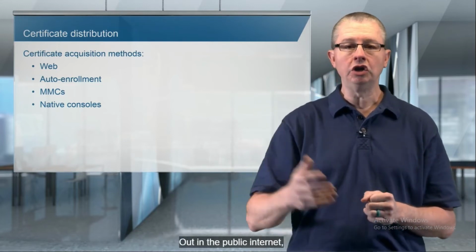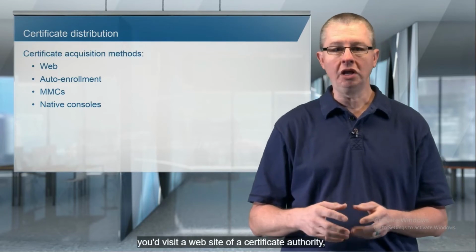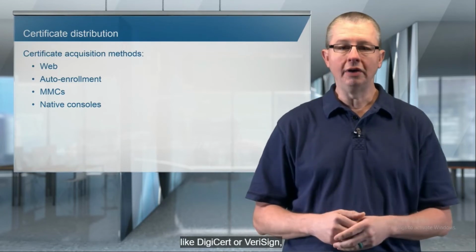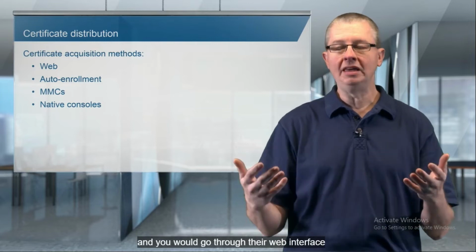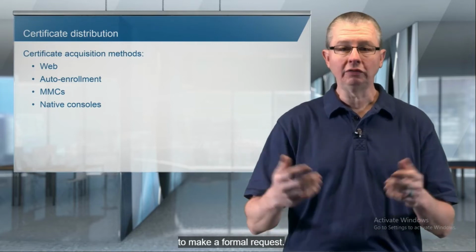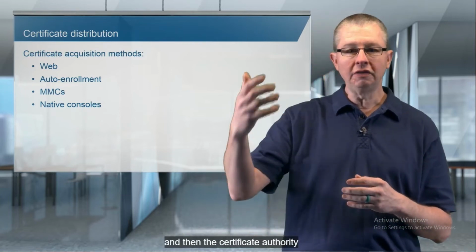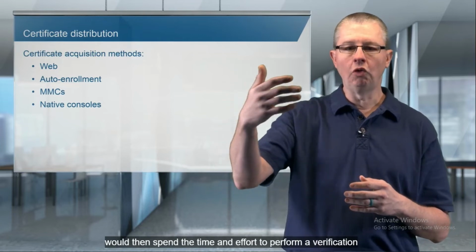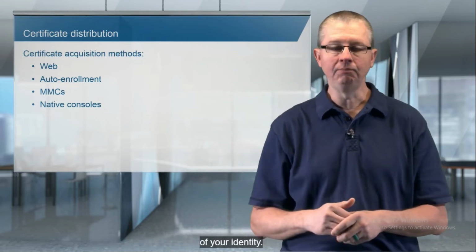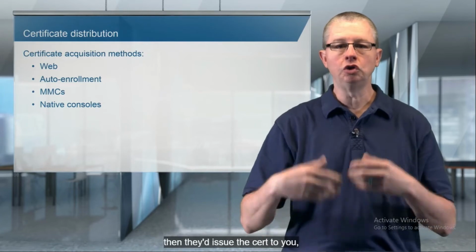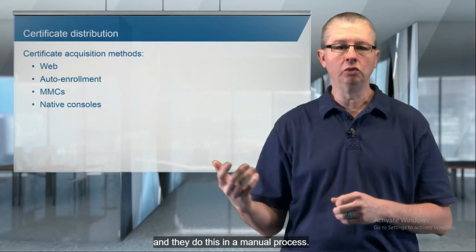Out in the public internet, you'd visit a website of a certificate authority like DigiCert or VeriSign, and you would go through their web interface to make a formal request. You provide your details of your identity, you provide payment information, and then the certificate authority would spend the time and effort to perform a verification of your identity. Once they're satisfied with that, they'd issue the cert to you. And they'll do this in a manual process.